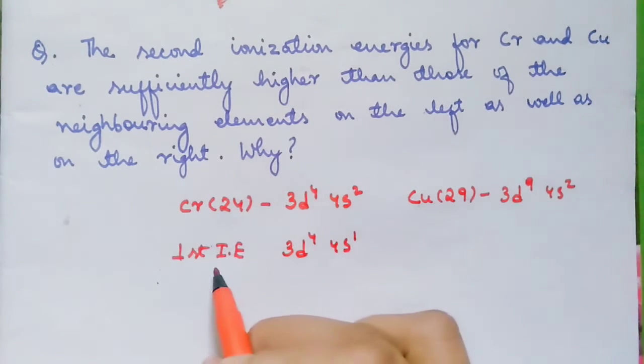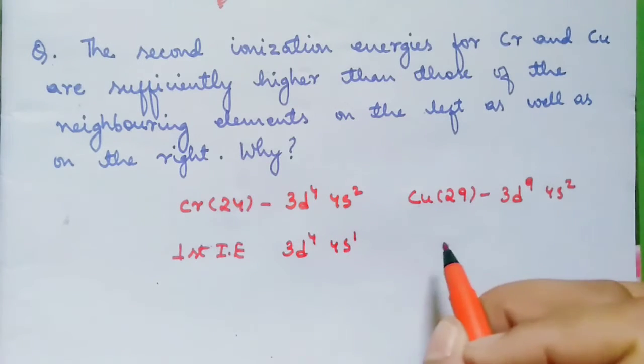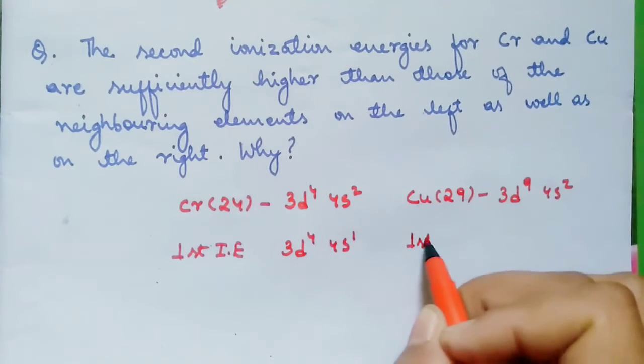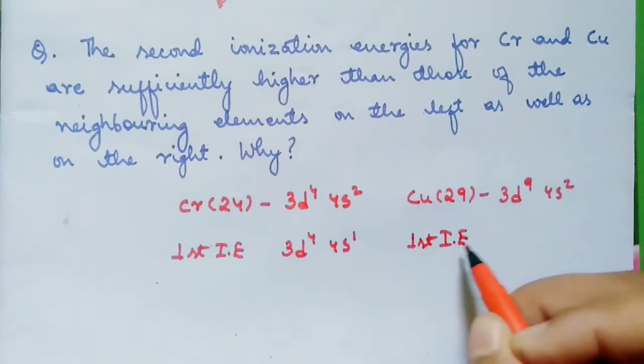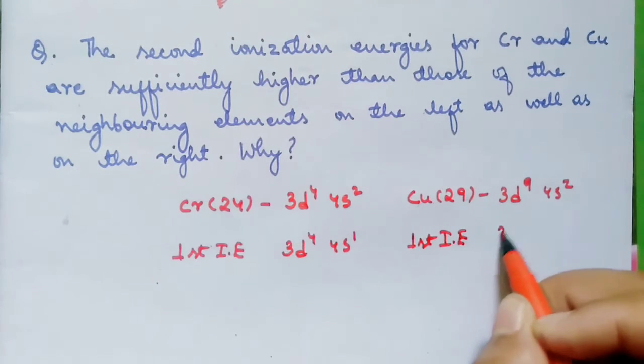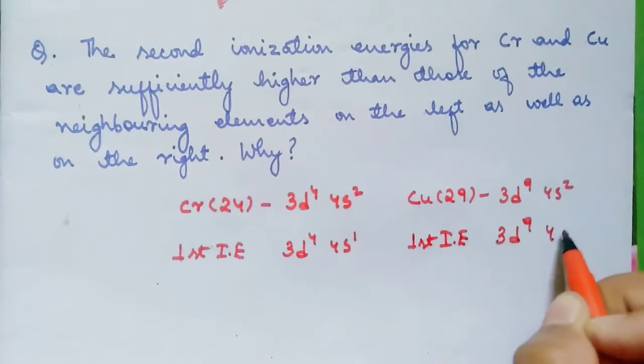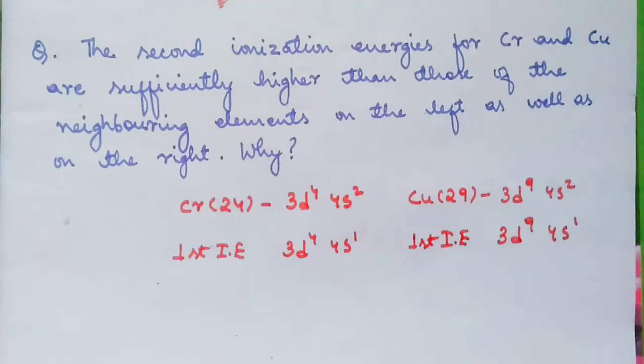In the same way, the first ionization energy for copper, you are applying this to remove one electron, then it would look like this, 4s1. That is your first ionization energy.